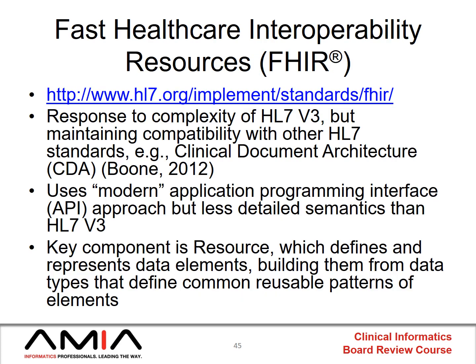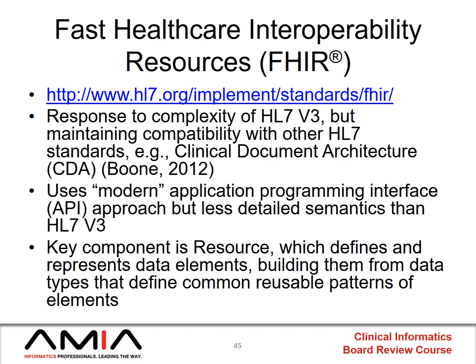One of the most important recent developments in messaging standards is the emergence of the Fast Health Interoperability Resources, or FHIR. In some ways, FHIR is moving backwards, but in other ways moving forwards. In response to the complexity of HL7 version 3, FHIR steps back from the complete semantic interoperability that version 3 adds, although it is expressible and makes use of the RIM and clinical document architecture.